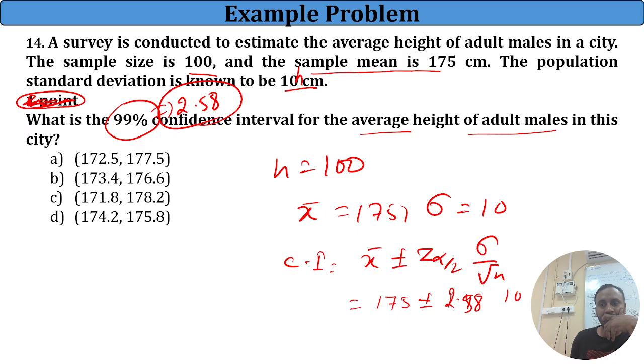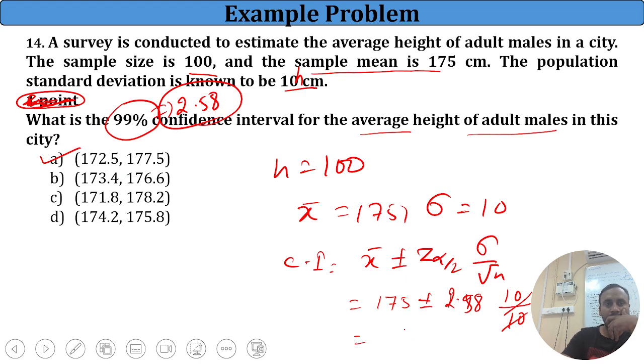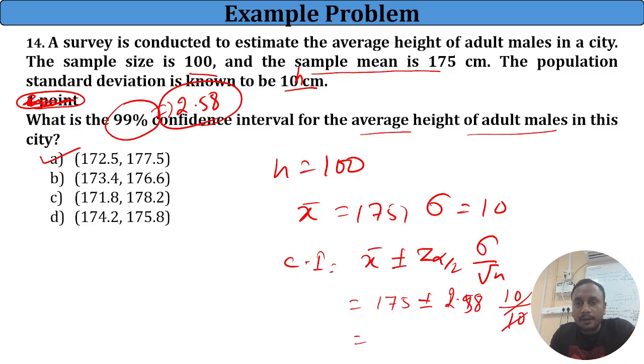Sigma, how much do we have? 10 upon root 100, which is 10. So it will go 175 plus minus 2.58, 175 minus 2.58. So the answer will become A. Is it clear, no? Or is there any doubt in this? Hello?